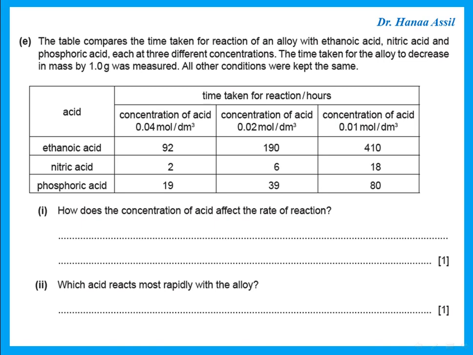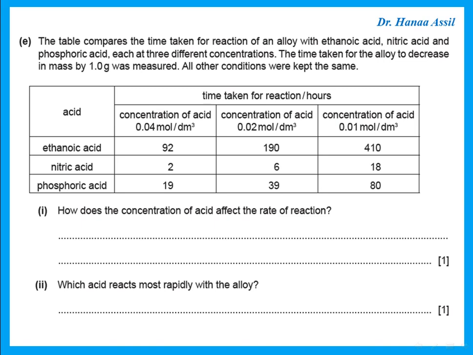How does concentration of acid affect the rate? In that case, we want to look at one of the acids. So let's say ethanoic. Well, at 0.04, the time was 92. Remember, rate means if something is faster, it takes less time.